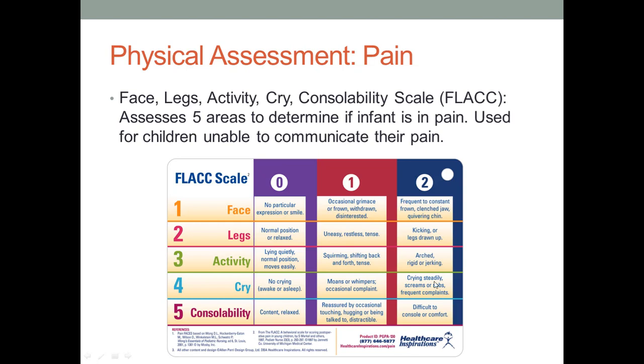But if they're arched or rigid or jerking or look tense, if they're squirming, or if they're difficult to console or comfort, they're going to get different scores, and it's going to add up to 10, or quite possibly up to 10. And then you can use this to medicate appropriately.